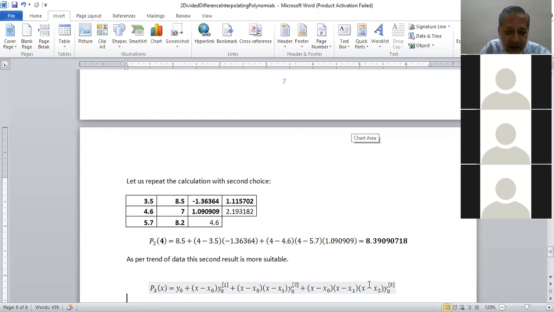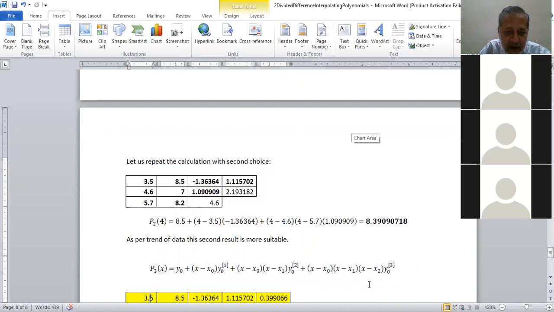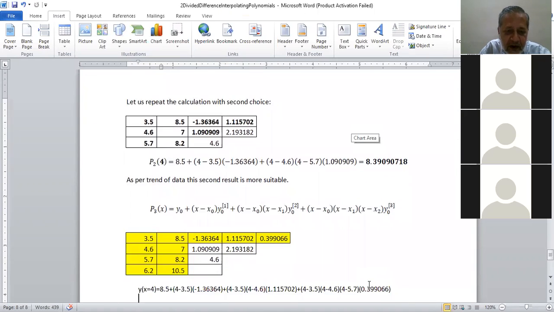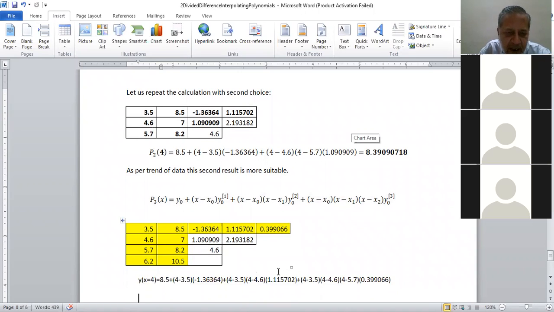As per trend of the data, the second result is more suitable using third degree. Using second degree, but next 3 points. Then I have here considered the calculation that I have just described and computed in Excel sheet.